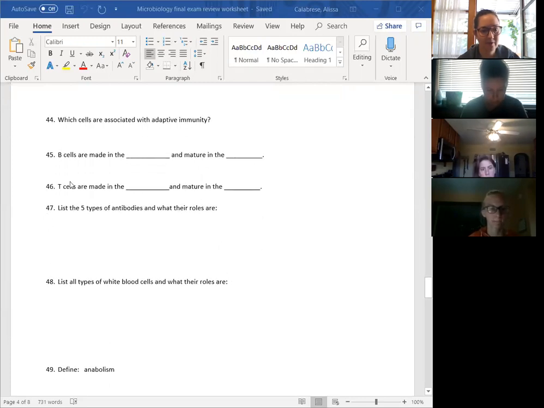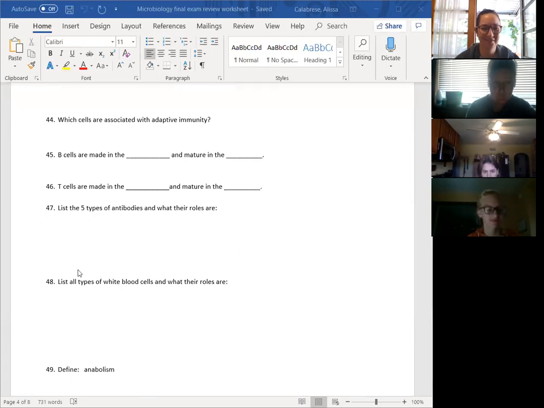Now, one of those two cell types creates antibodies. Which one? B. Yeah, B cells create antibodies. So we've got 5 different types of antibodies. I'll tell you the type, you tell me what they do.